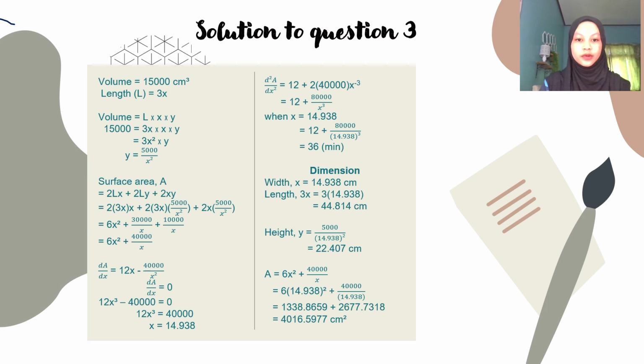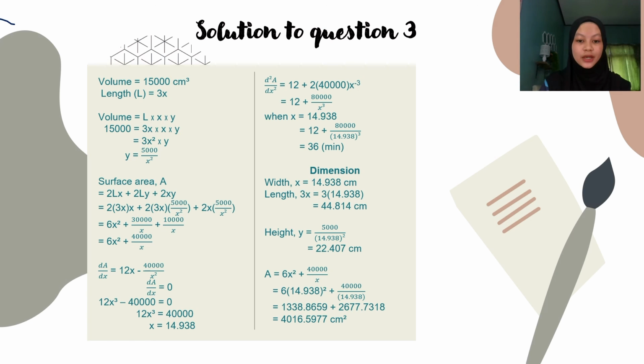Okay, so for dimension, width, which is x, x is 14.938 cm, and the length 3x, we multiply the x by 3, so 3 multiplied by 14.938, we got 44.814 cm.